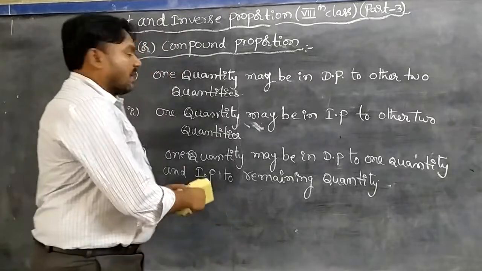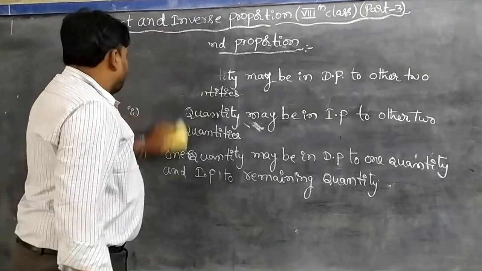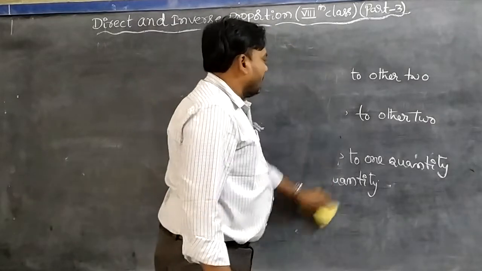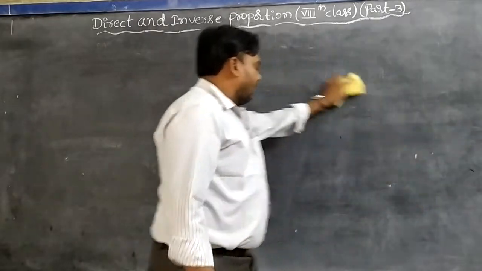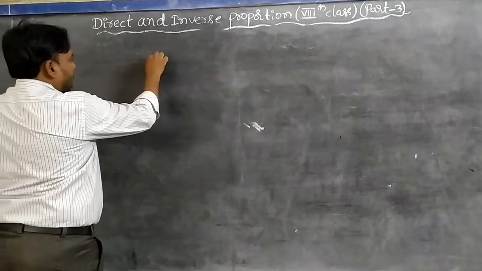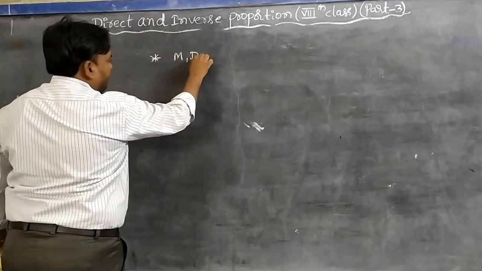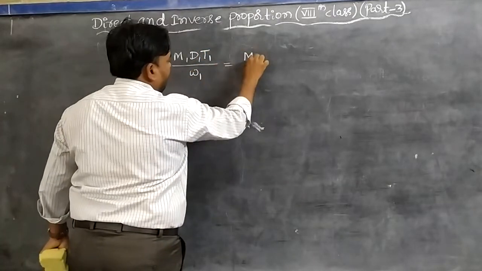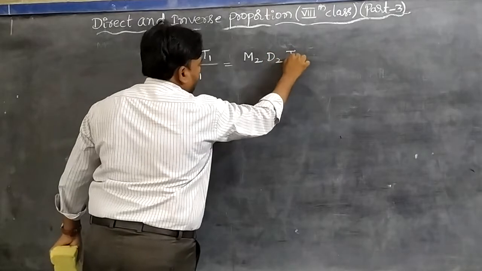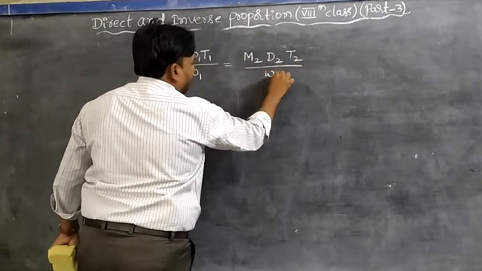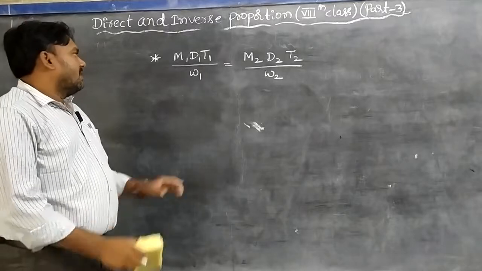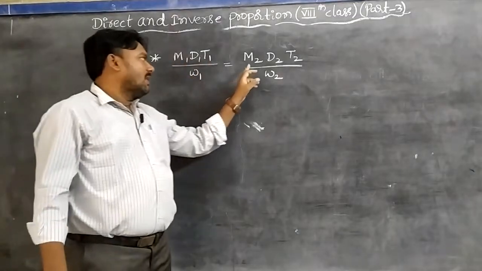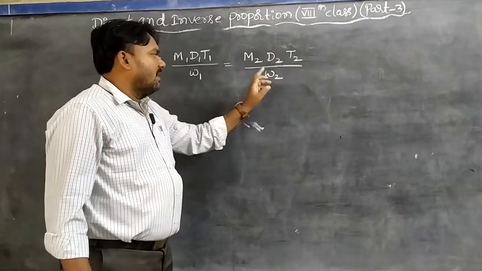Observe students. The formula is M1 D1 T1 by W1 equal to M2 D2 T2 by W2.